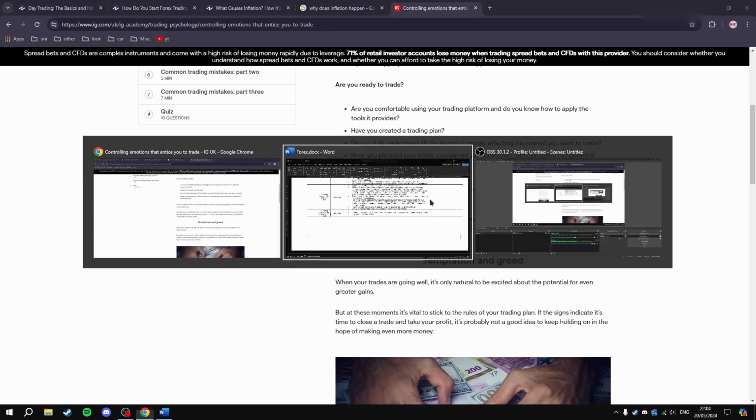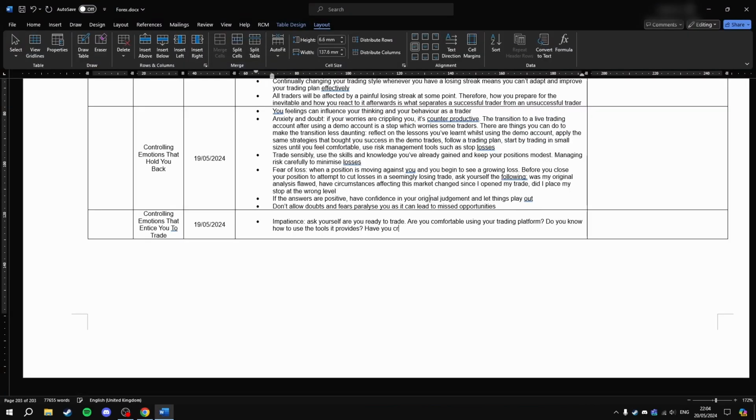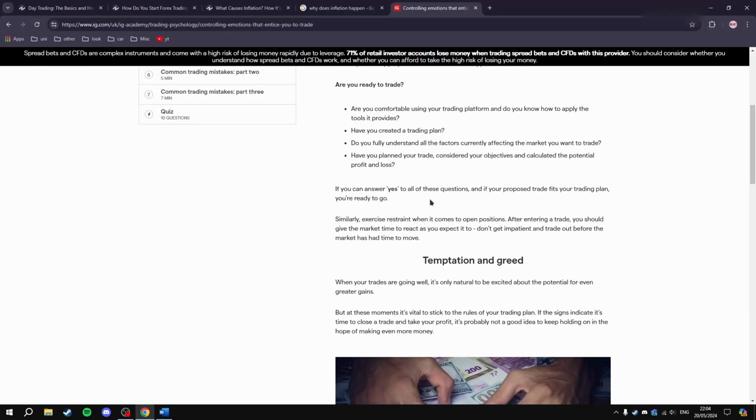Have you created a trading plan? Do you fully understand all the factors currently affecting the market you want to trade?